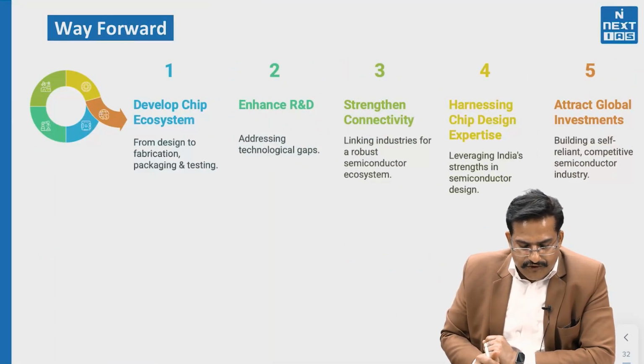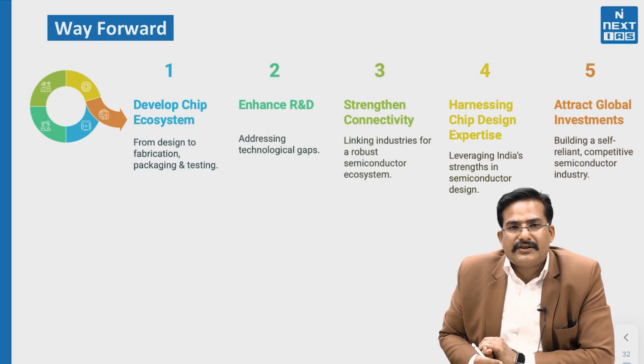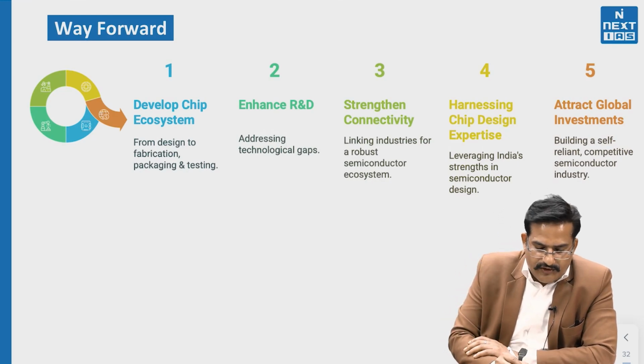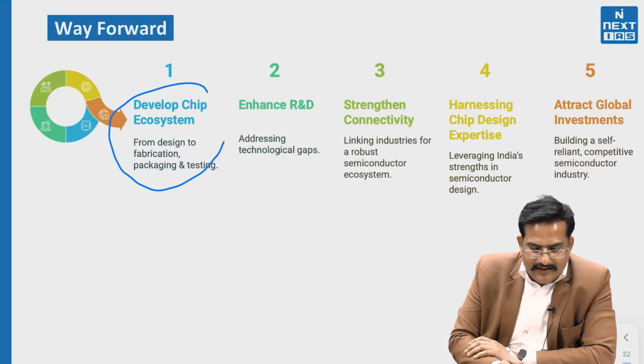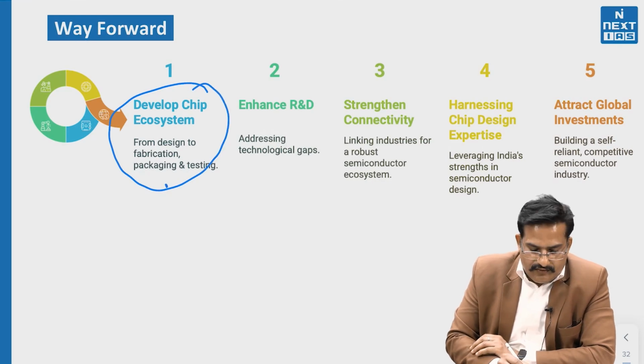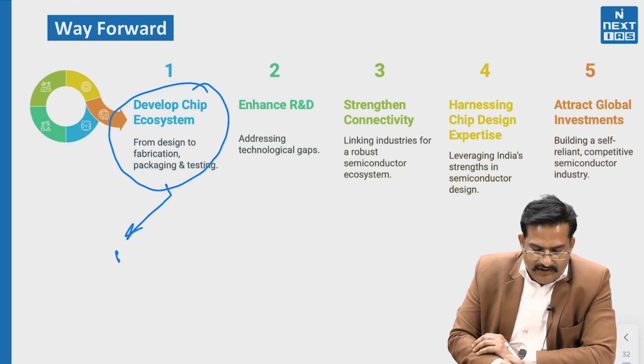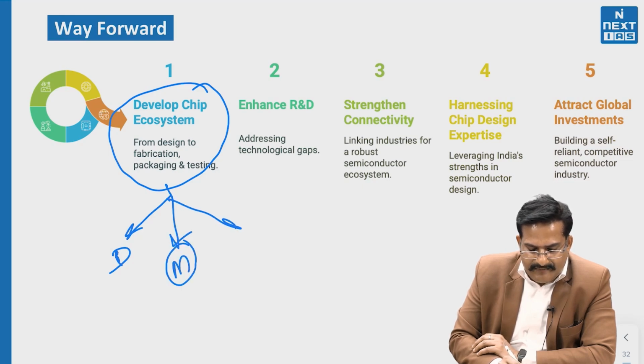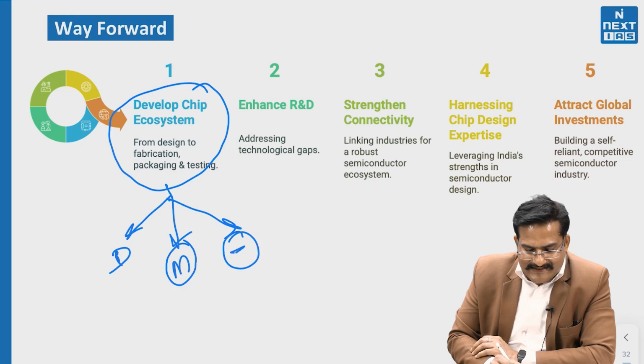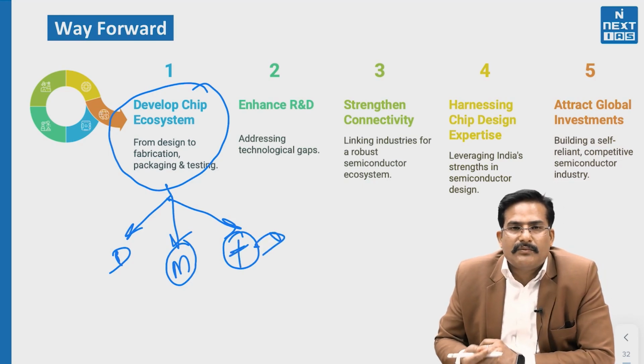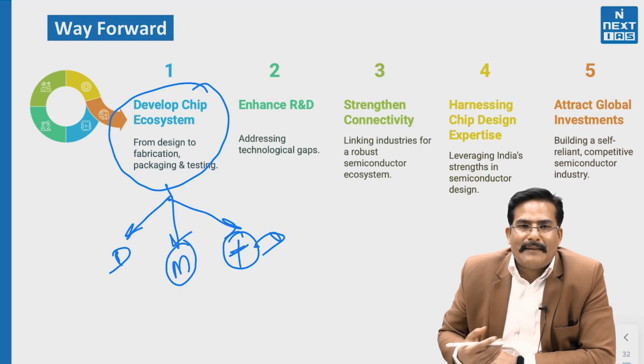Now, what is the way forward on the semiconductor fab unit and what should India be doing? So, first we need to develop the chip ecosystem. For example, we need to develop the design capability as well as the manufacturing capacity. Not only manufacturing, but we will have to sell it as an end product, for example, a mobile device or laptop.